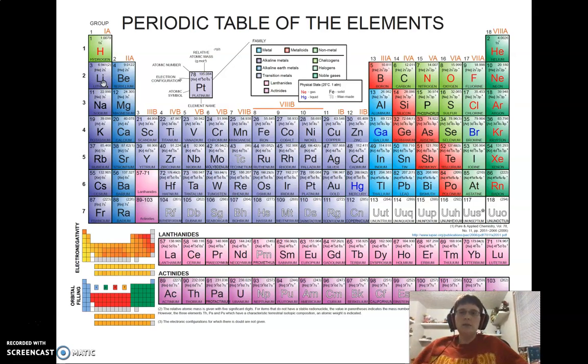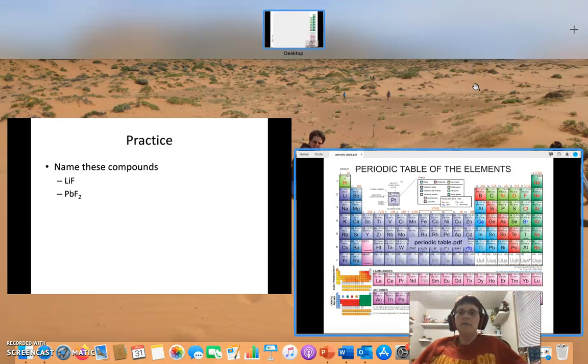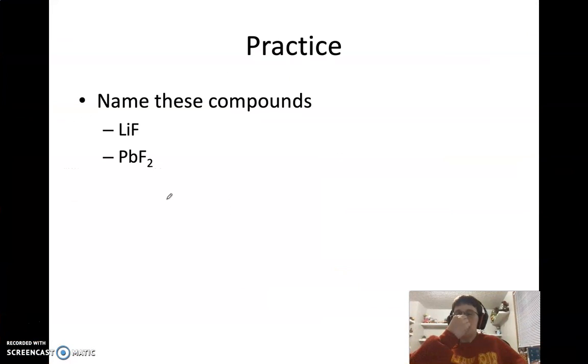And then F is fluorine, which I use a lot, so that's why I remember it. This compound would then be called lithium fluoride, because it's an ionic compound with just those 2 elements in it. That's all you need to do as far as naming this compound. So lithium fluoride. Give the other one a try on your own.